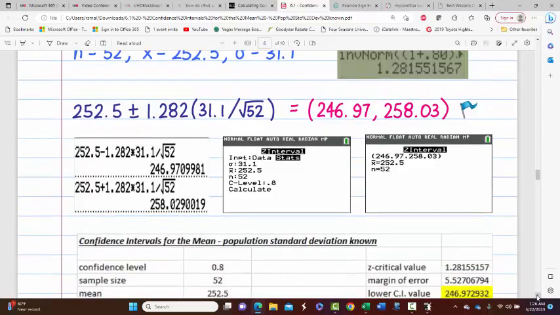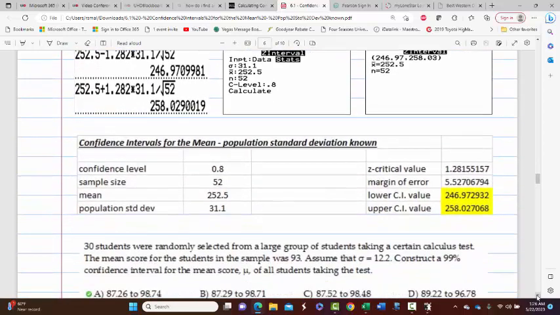Now let's look in the Excel spreadsheet. Confidence intervals for the mean, population standard deviation known, confidence level is 0.8, sample size 52, mean is 252.5. Population standard deviation is 31.1, and then it gives you that critical value, gives the margin of error. So if the question was asking margin of error, that would be right there for you.